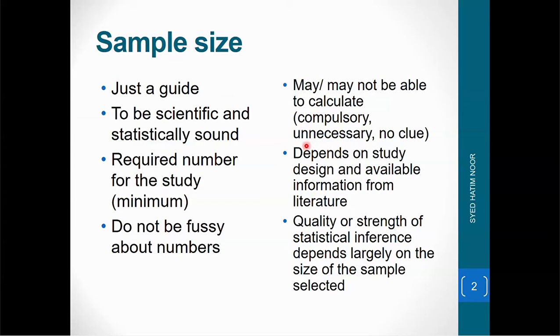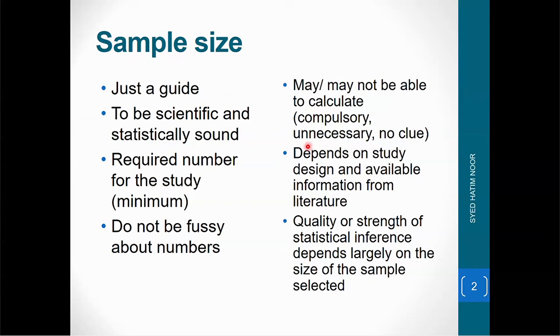Sometimes no clue. Because when we want to calculate sample size, we need to have information from the literature. We need to take some parameter from the literature, and then we can calculate sample size. For example, you claim that your study is the first in the world, so there is no literature on that particular topic yet.